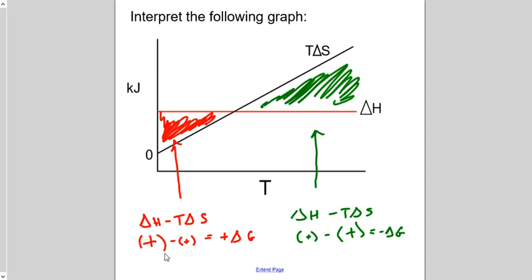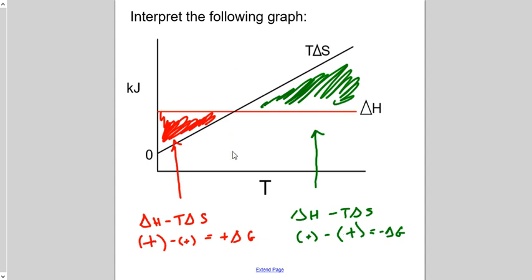So delta H is positive, T delta S is positive from this point over. So over here, where this value is low, we end up with a positive delta G. From here on over, this value becomes larger than this one, so we have a positive minus a much larger positive, so delta G is negative.